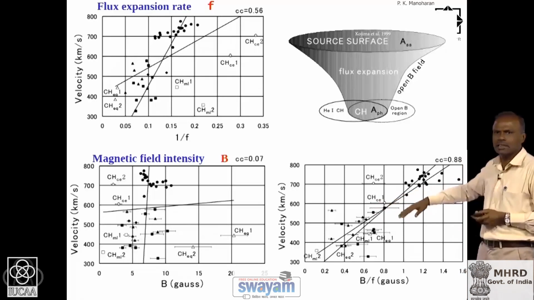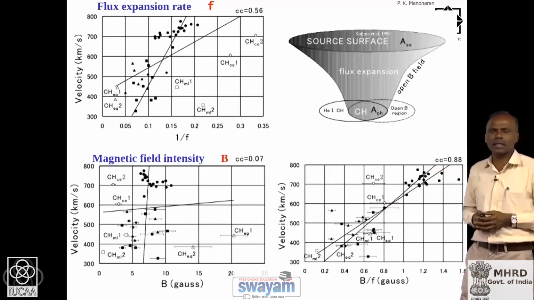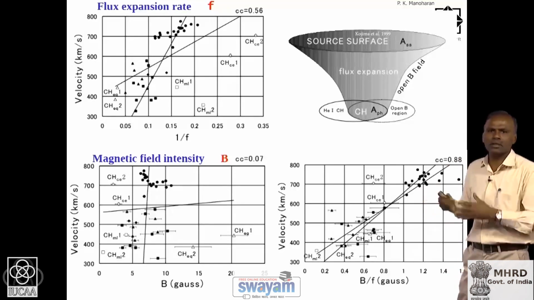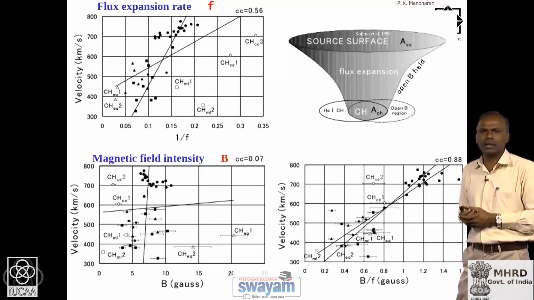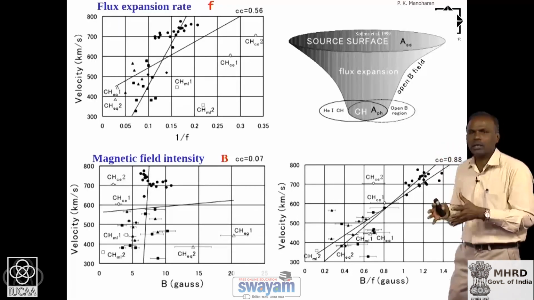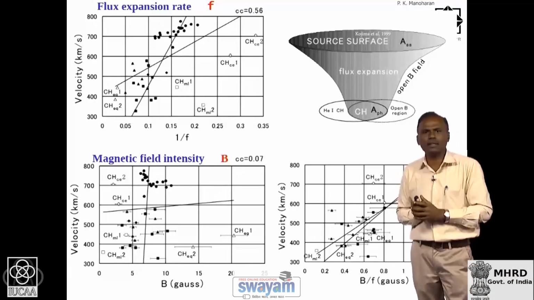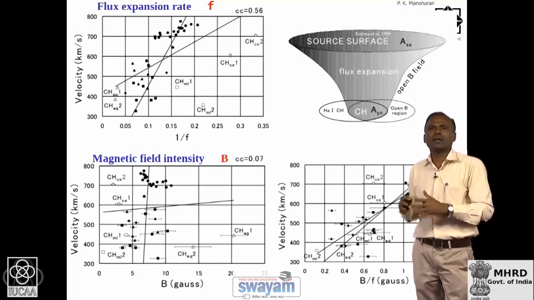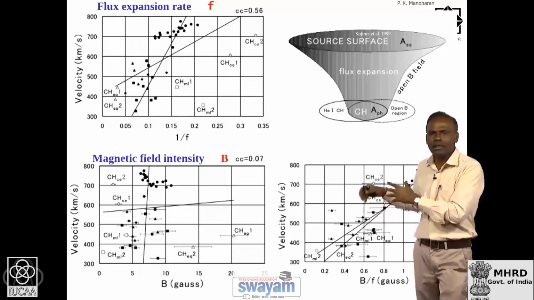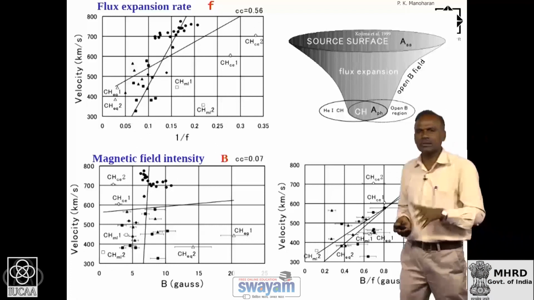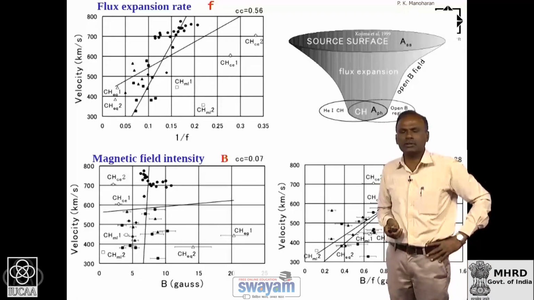So, we can see a good correlation: B over F nicely correlates with the speed of the solar wind. So, the expansion factor alone cannot decide the speed, magnetic field alone cannot decide the speed, but magnetic field combined with the expansion factor gives a good correlation with the solar wind speed.